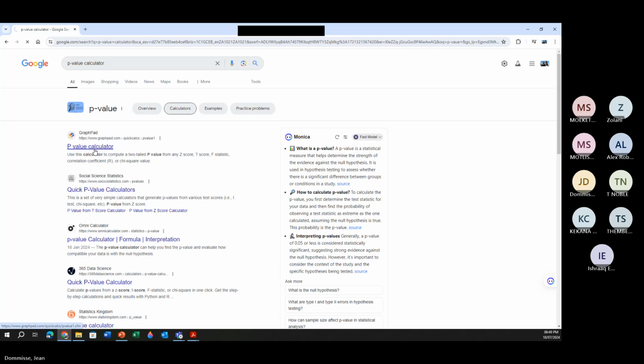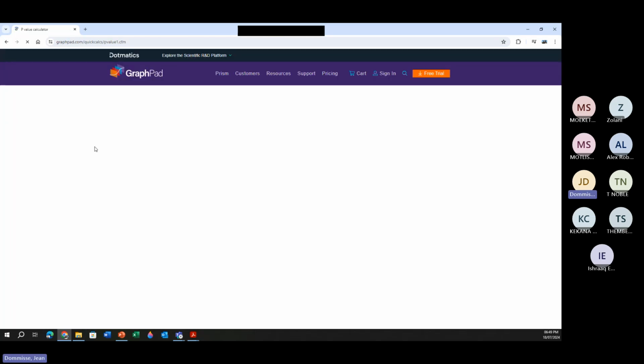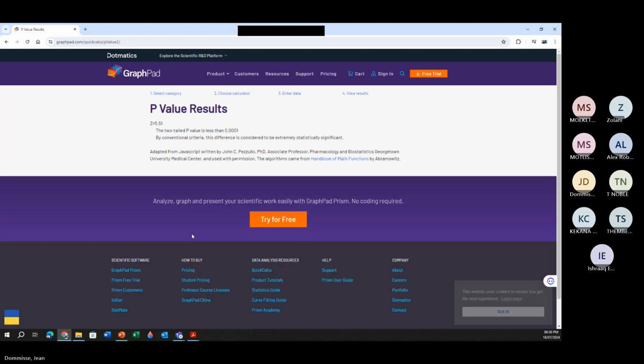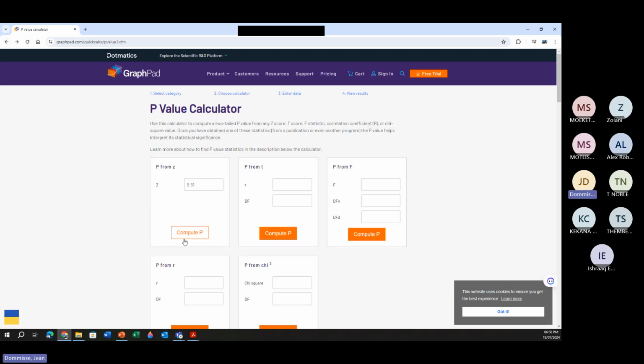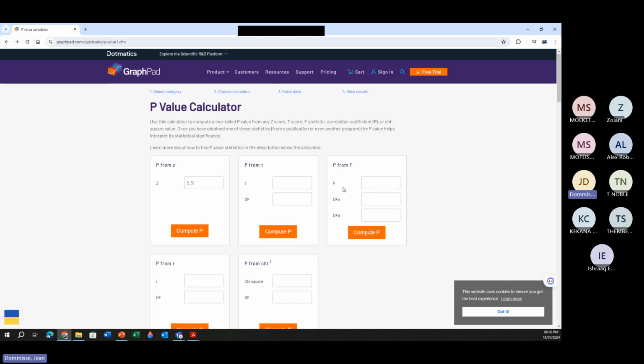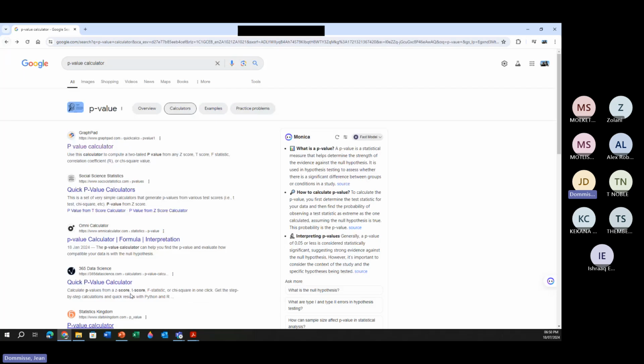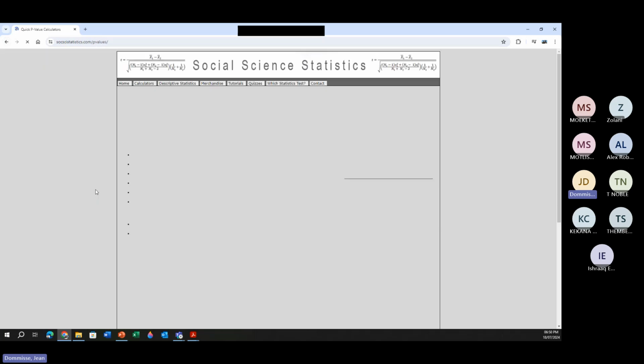Okay, so there's not one now, but let's see, p-value from Z, we got it as 5.51. Okay, so you can see they even say two-tailed. Did we specify one or two tails? They didn't even ask in this one, so then I don't like this one. So let's quickly check another one.